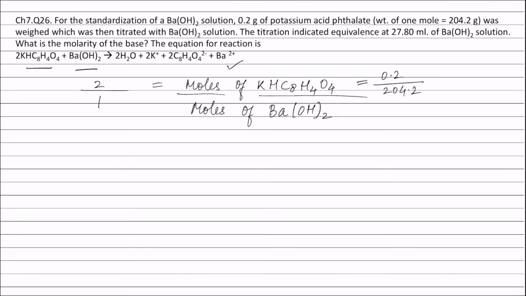Moles of barium hydroxide is equal to molarity of barium hydroxide solution, let it be M, times volume of barium hydroxide solution in liters, which is equal to 27.80 divided by 1000 liters. Solving this equation, the value for molarity of barium hydroxide solution is equal to 0.0176 M.